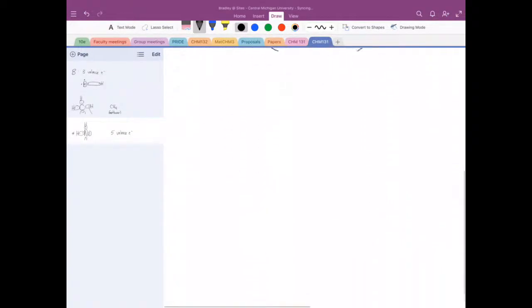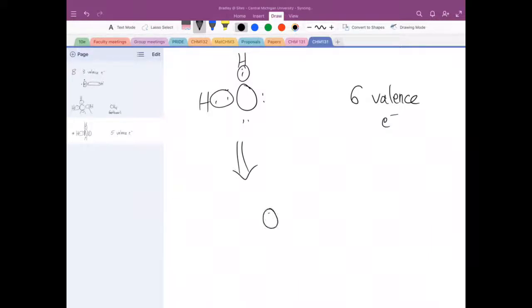All right, so what do you do for oxygen? Oxygen has 6 valence electrons. To find out how many bonds it likes to form, let's do 1, 2, 3, 4, 5, 6. If you're guessing that it likes to form 2 bonds, you are exactly right. So this should be familiar to you. This is actually water, and then you still have these dots around it like that.